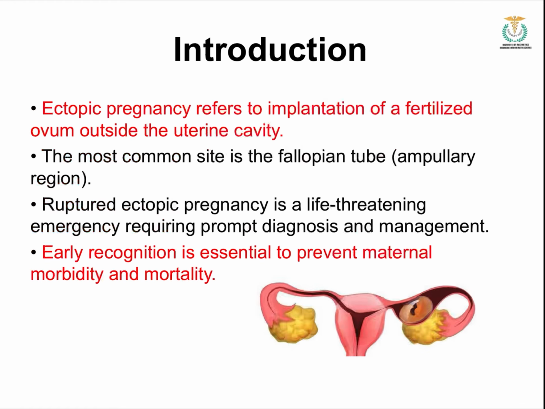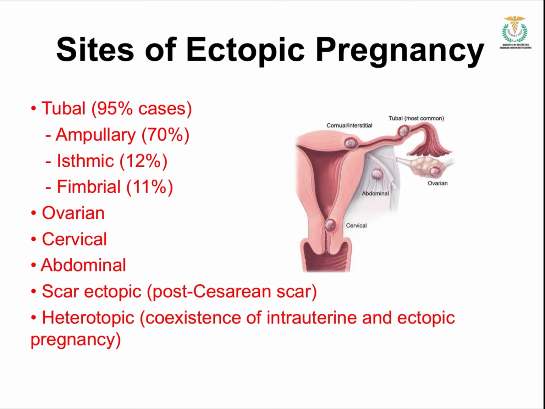First we'll see the sites of ectopic pregnancy. Where can an ectopic pregnancy happen other than the uterus? Remember these sites. Tubal is one of the most common, and within the tube it can be ampullary, isthmic and fimbrial.